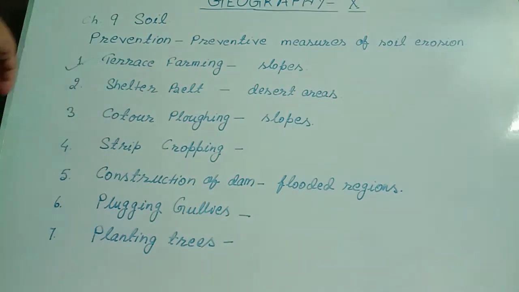Number 2, that is the shelter belt. We know wind is the most important agent of soil erosion in desert area.